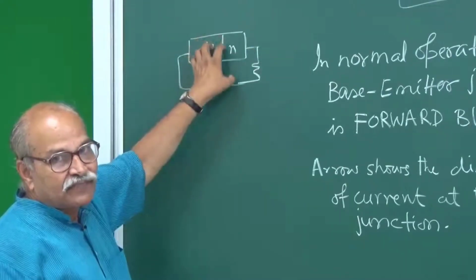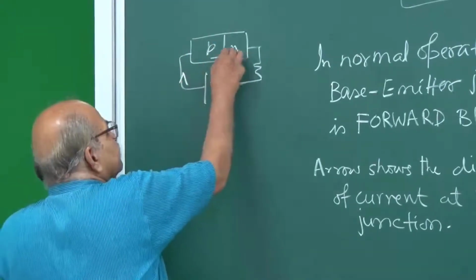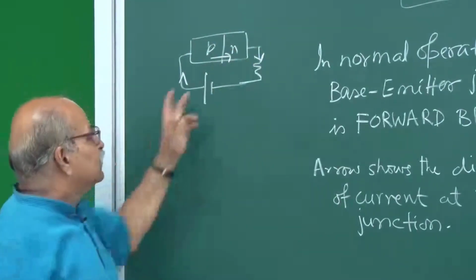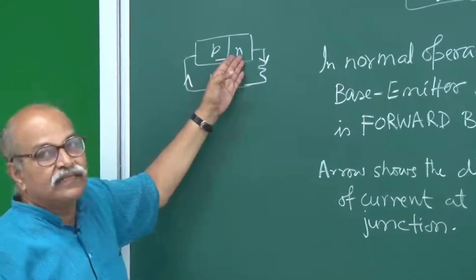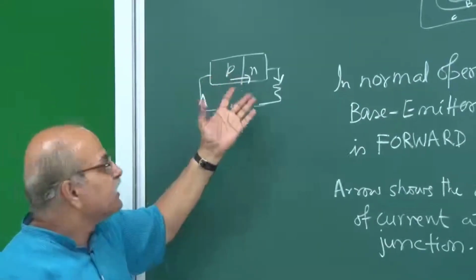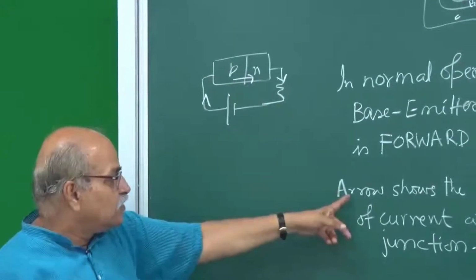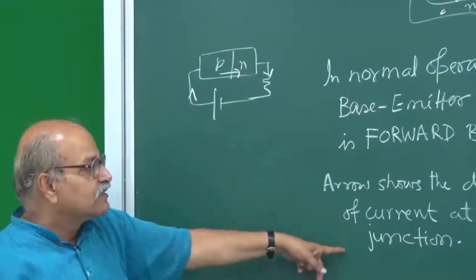This is forward biasing. And how does the current flow? The current flows like this. Inside this junction, the current goes from P side to N side in forward biasing. Reverse biasing is opposite. So this arrow on the symbol of the transistor shows the direction of current at this junction.